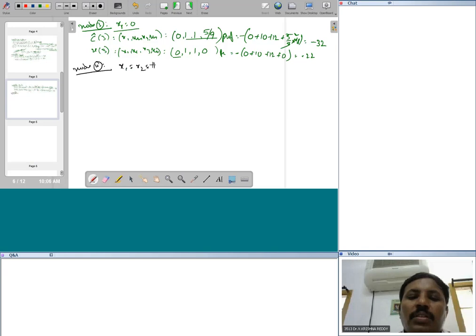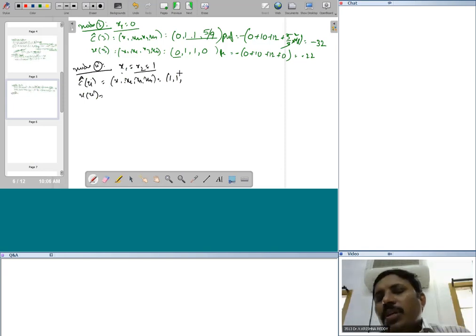Based on this, please calculate the lower bound value and upper bound value for the current node. What is the lower bound value? x1, x2, x3, x4. The first two objects are selected; that decision is made. What are the remaining nodes? The weights of the first two are 2 and 4, which is 6.